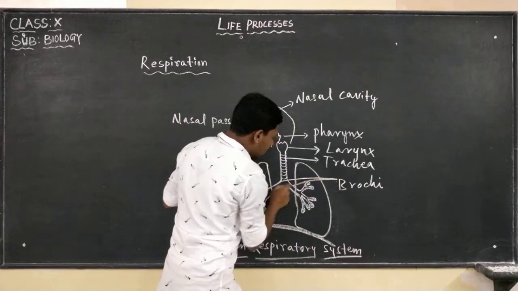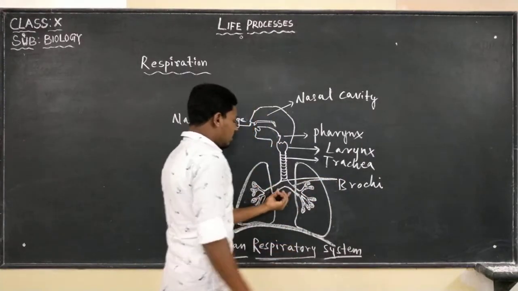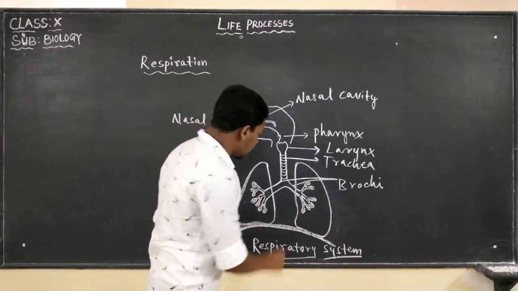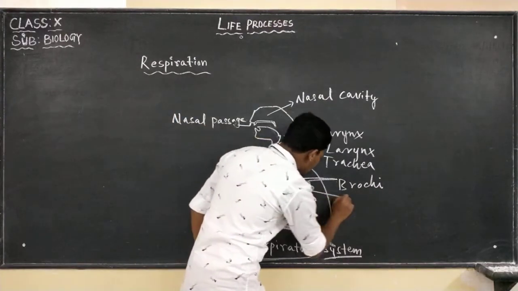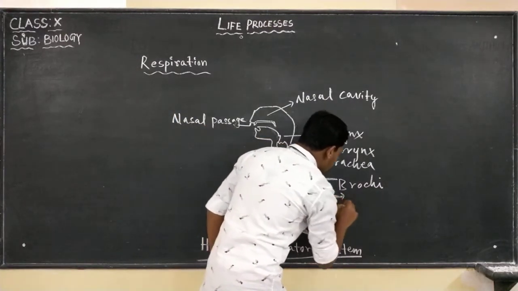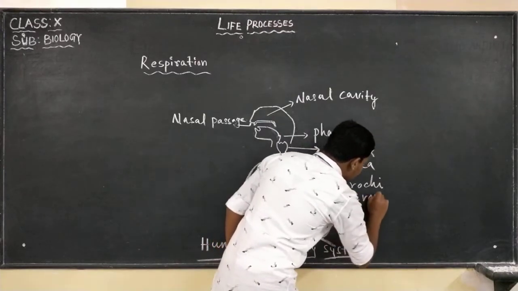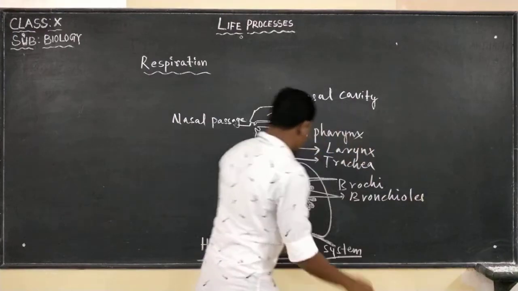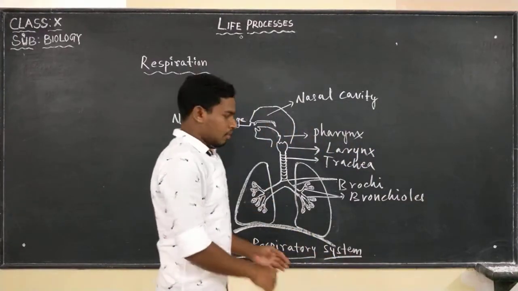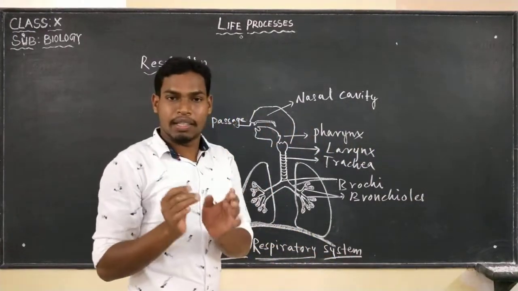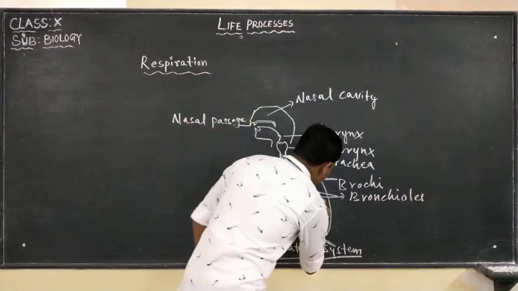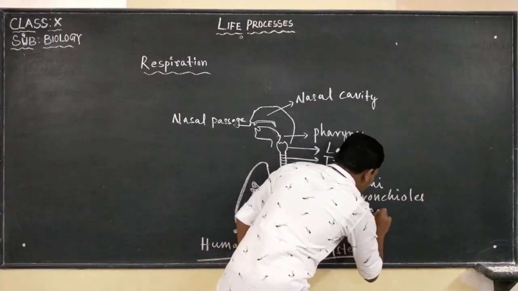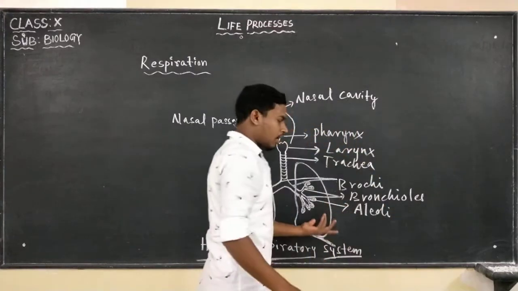And next, these bronchi are going to divide into many smaller branches known as bronchioles. Next, the bronchioles will terminate into a balloon-like structure known as alveoli.